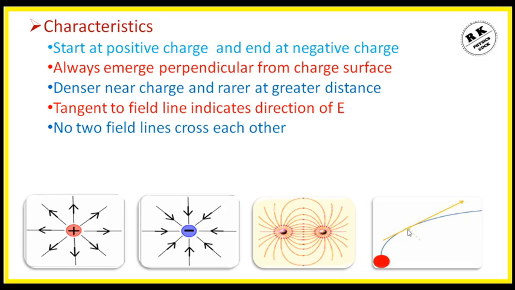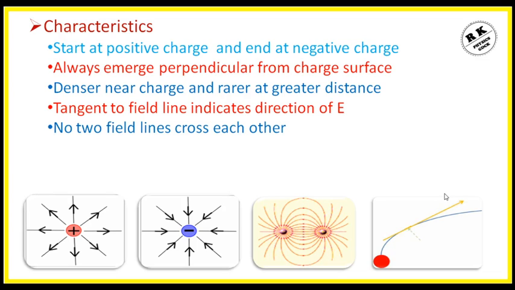Let us suppose that at this point they are crossing each other with different angles, then we will find two different directions for the electric field at the same point, which is an absurd, wrong concept.